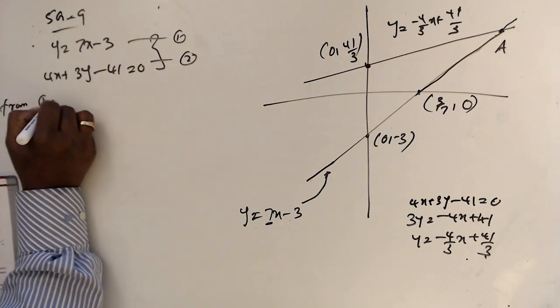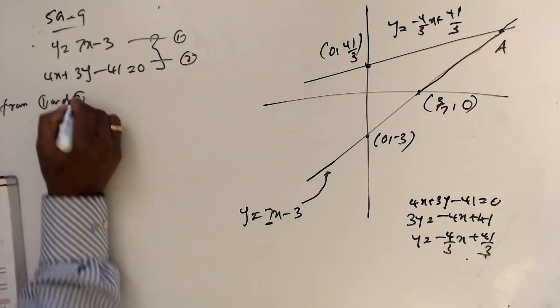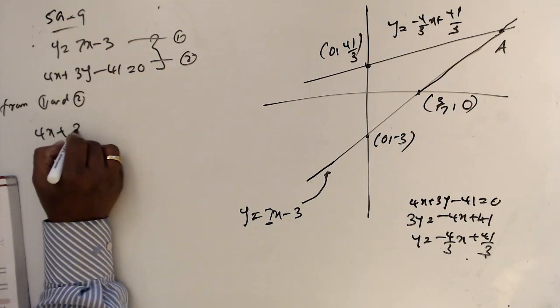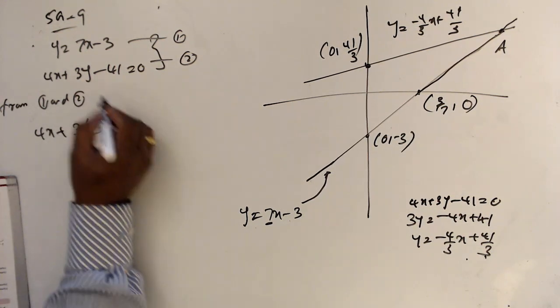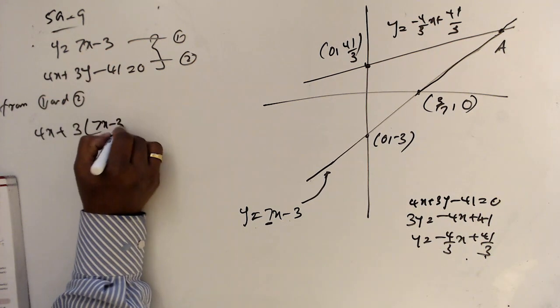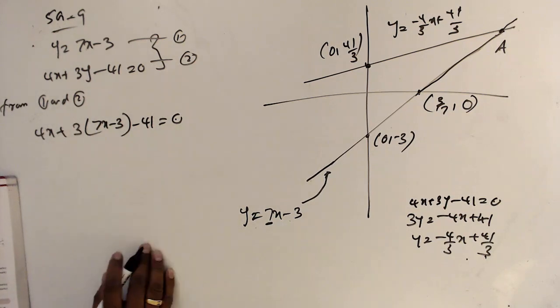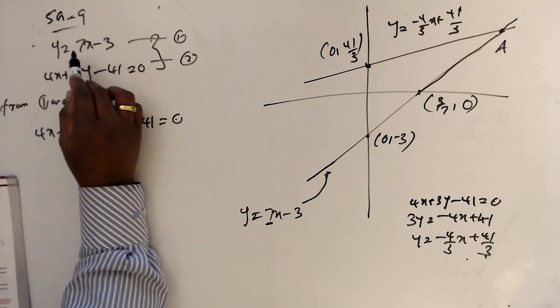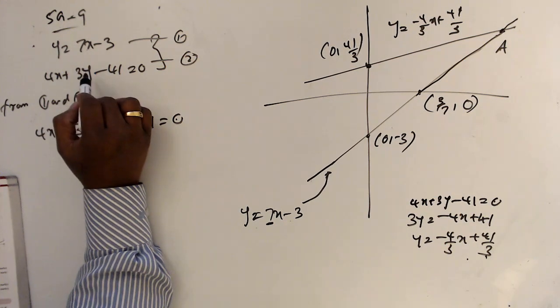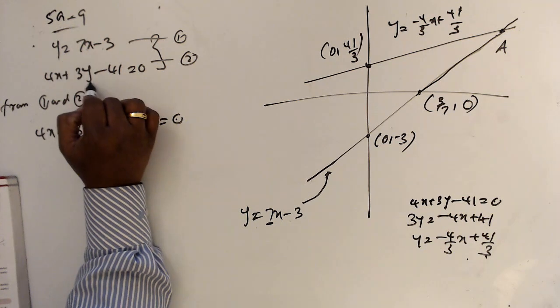From 1 and 2, 4x plus 3 times y, meaning 7x minus 3, minus 41 equals 0. I just substitute this y value here.